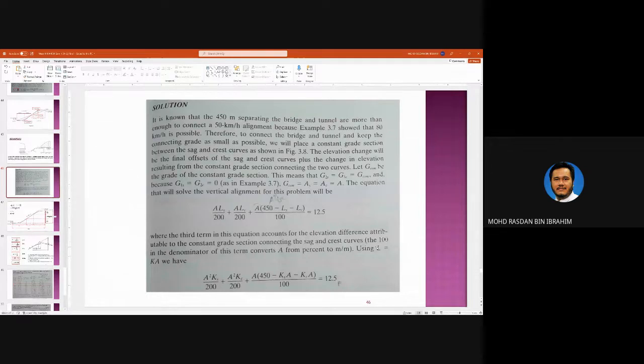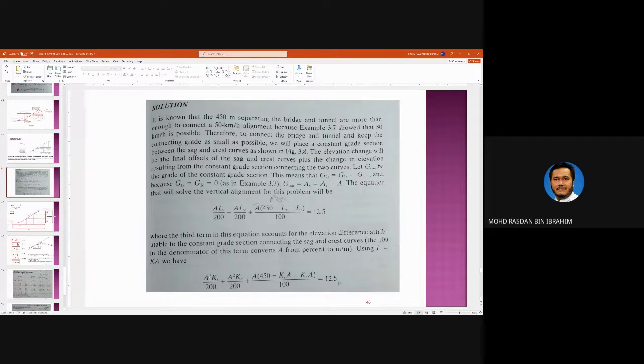Using L equals K A, you embed L equals K A into this formula here, so now L becomes K A. A multiplied by K A gives you A squared K.